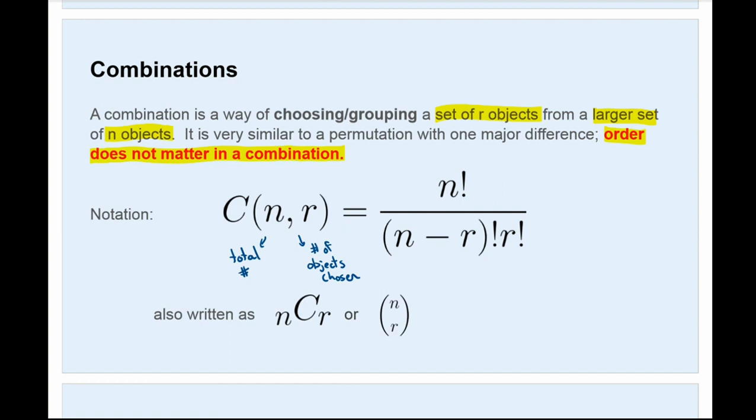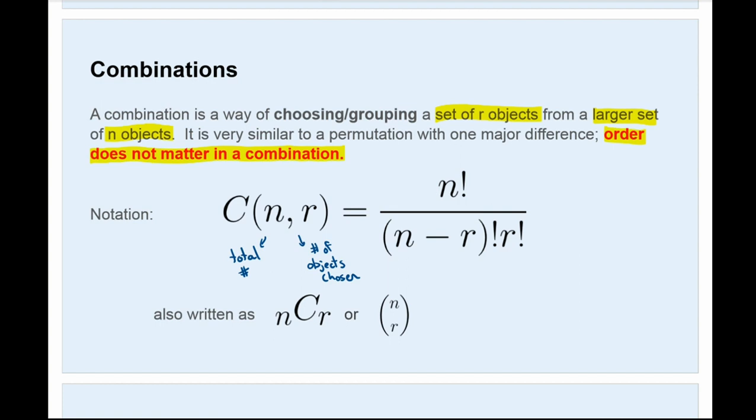Basically, it's almost like the permutation formula. This section here is the permutation formula, but we're dividing it by an extra r factorial. We're trying to cancel out the different ways that we could order the elements, similar to what we looked at with non-ordered or identical elements in the previous lessons.